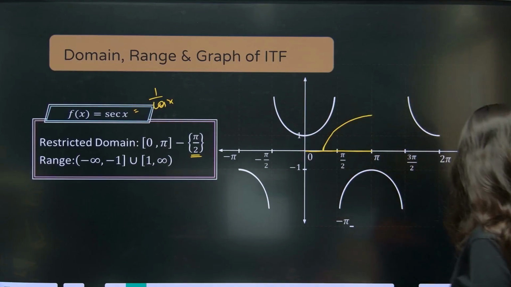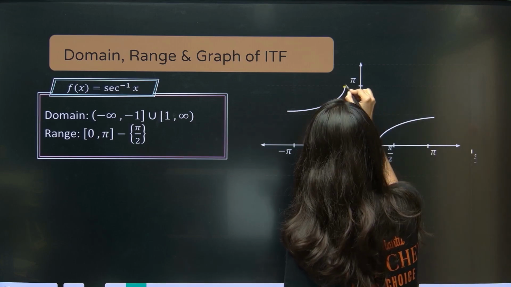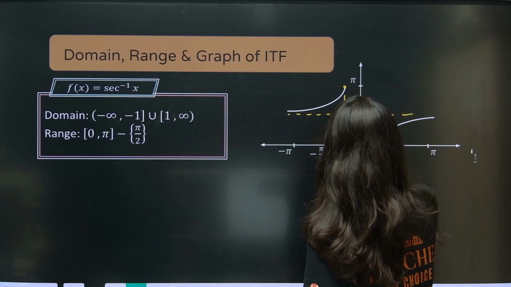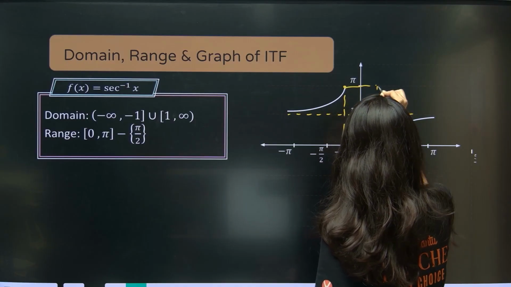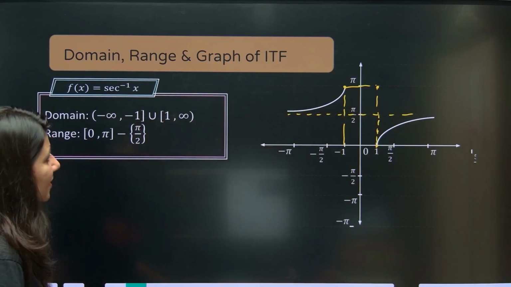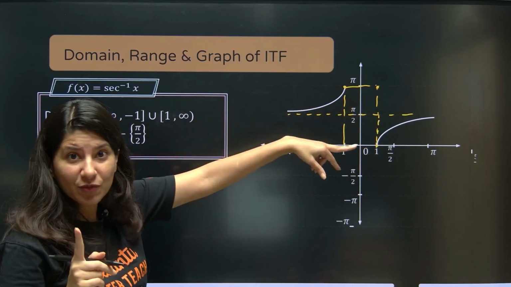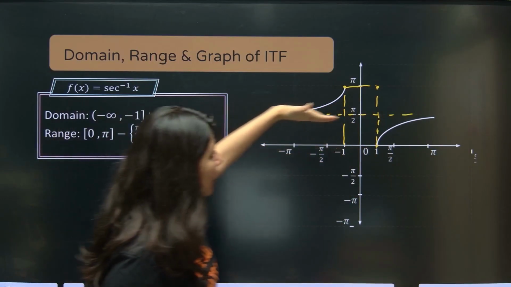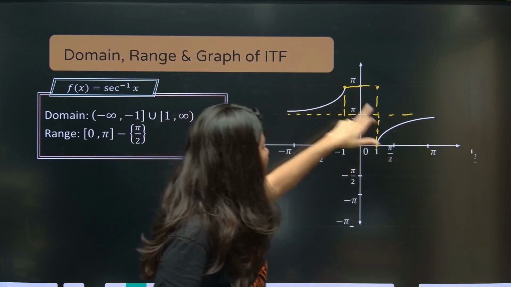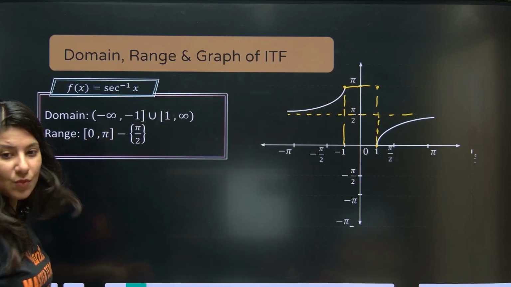This is the sec inverse x graph. 1 to infinity, pi by 2. You know you have to remove pi by 2, right? So that point pi by 2 will get removed, so this pi by 2 will be the asymptote. Now 1 to pi by 2 and minus 1 to pi by 2, like that. So this is what sec inverse looks like.